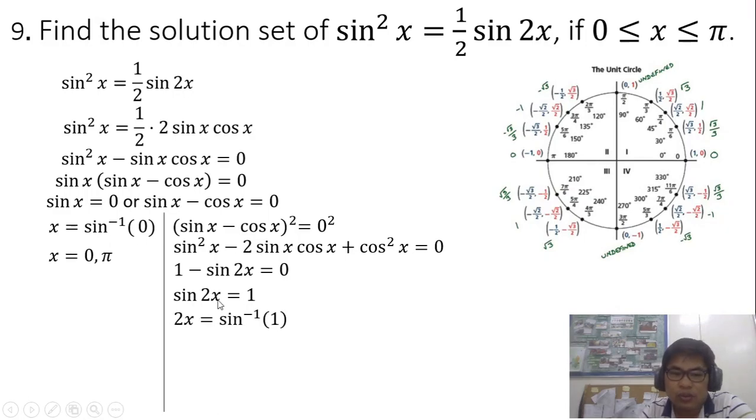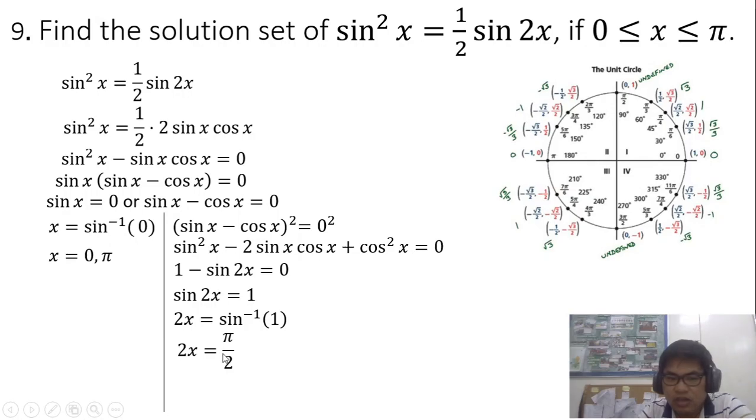Then, we have 2x is equal to arc sine of 1. So, asa man diri ang 1? So, 1, that is only 90 degrees. No? 90 degrees. So, kay 90 degrees, so 2x is 90 degrees or pi over 2. Then, imong i-divide both sides by 2.